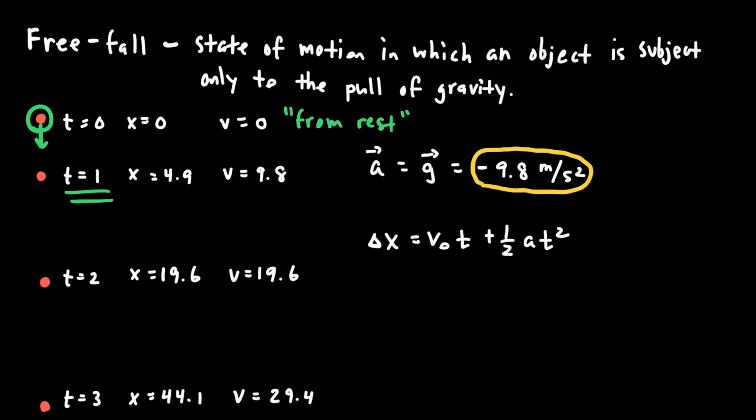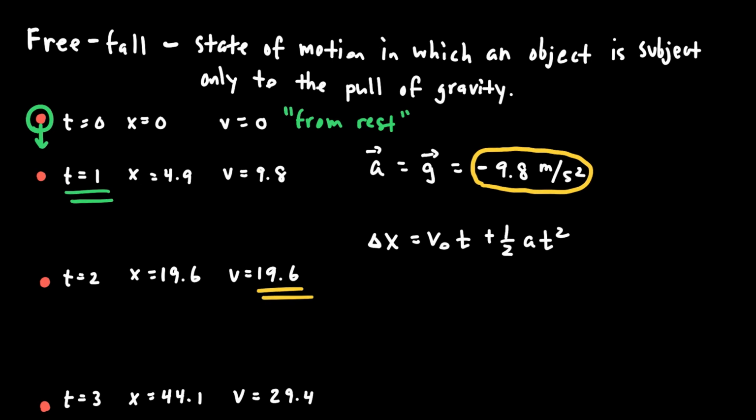If the acceleration that falling objects experience is 9.8, that means the change in velocity every second is 9.8. So an object that starts off at 0, 1 second later will have a speed of 9.8. Its speed after 2 seconds should be 9.8 plus 9.8, or 19.6.